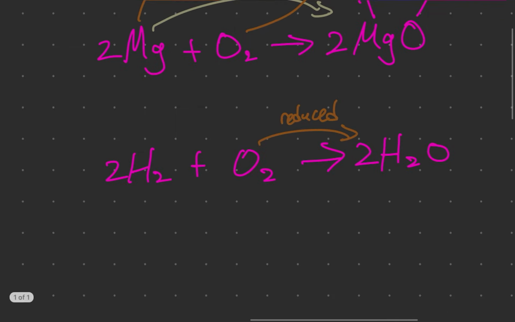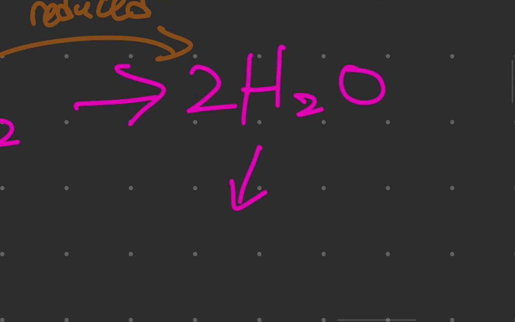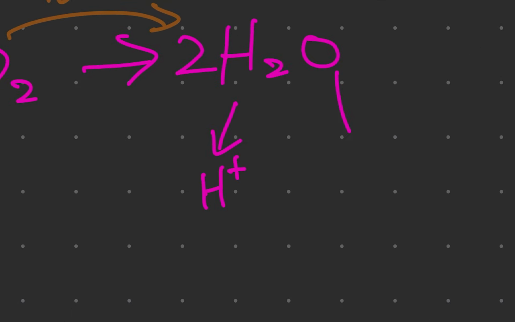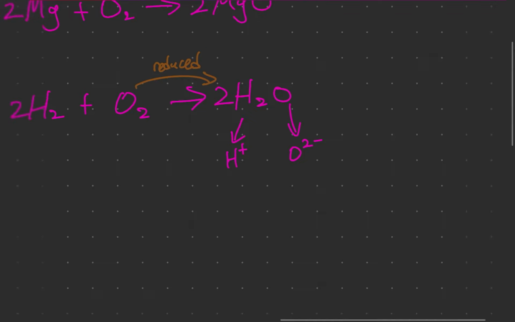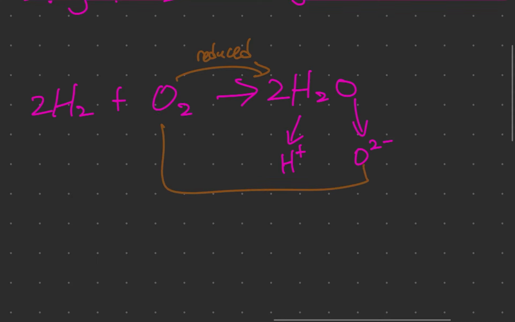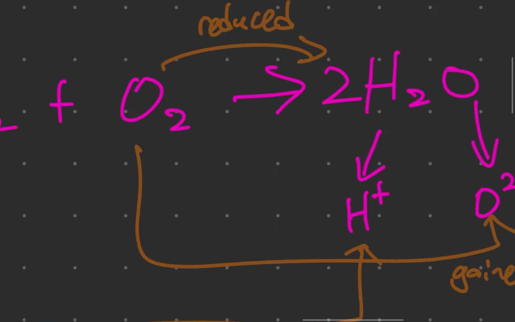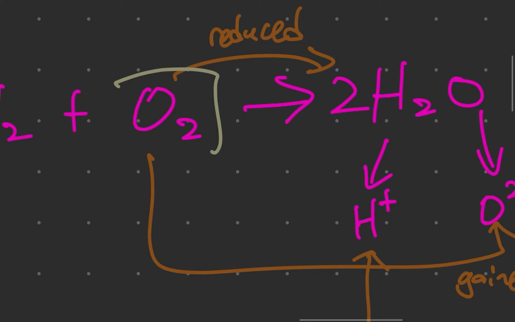Okay? So we're gonna do the same thing again. Look at the charges here. Hydrogen has a charge of plus, oxygen has a charge of 2-. So from here we can see that oxygen gained electrons and hydrogen lost electrons. So we're taking a look from the point of view of oxygen.